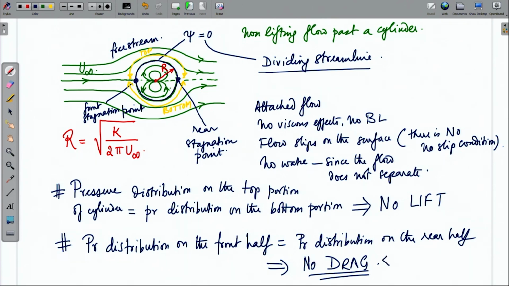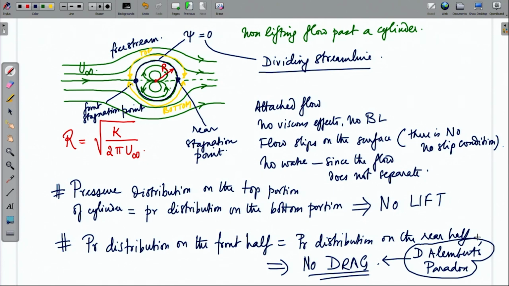The fact that there is no drag acting on the cylinder, which is very contrary to what we see through real life experience when we immerse a cylinder into the flow, is called the so called D'Alembert's paradox. So, the potential flow predicts that there is no drag acting on the cylinder, while real experimental situations always predict a drag.